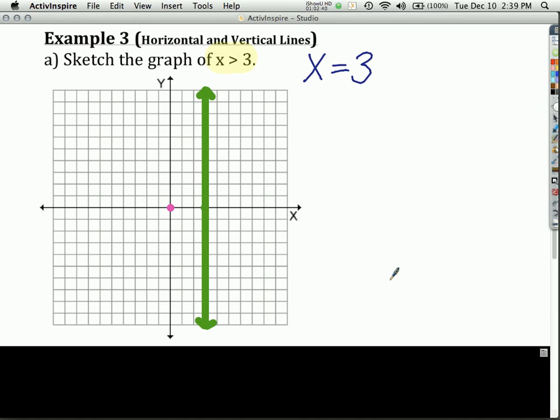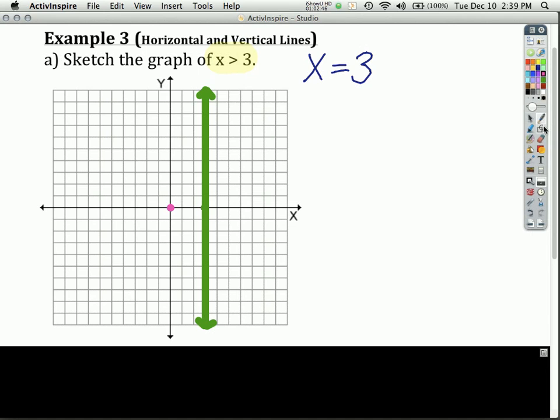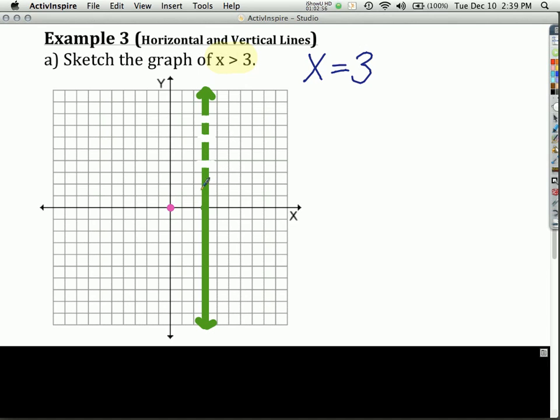Yes, Umar. It's supposed to be a dotted line, so I already made a mistake. But that's easy to fix because if you have an eraser available, you can just erase bits of your line and it will turn into a dashed line.